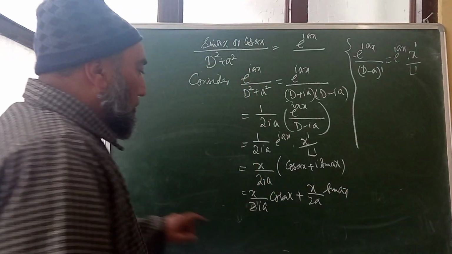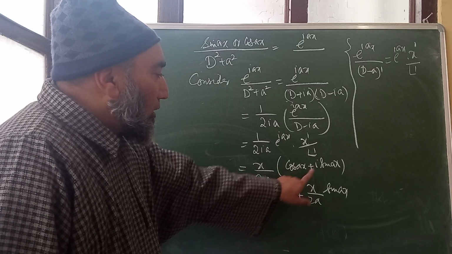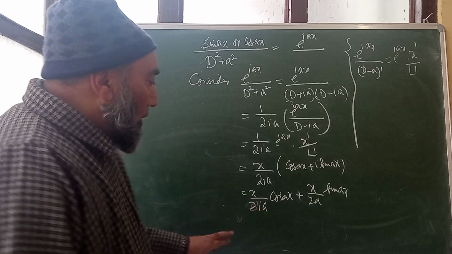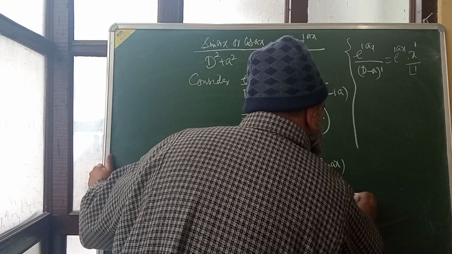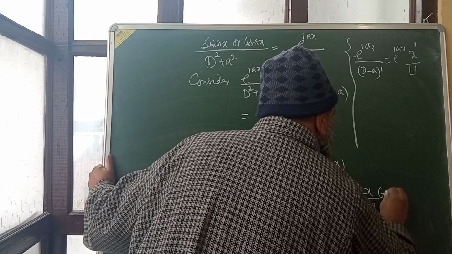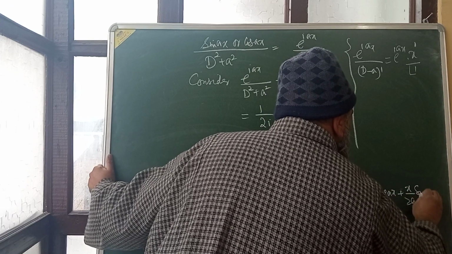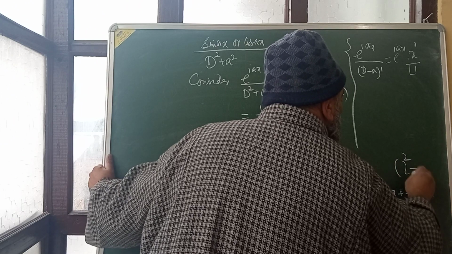Iota iota cancels out, this is 2 iota a over here. It is 2 iota a into iota, so it is 2a only. But this iota can be written as minus x by 2a cos of ax plus x by 2a sine of ax. I have used the formula that iota square is minus 1.